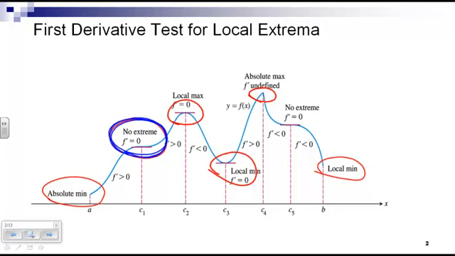All right, so there's a situation where we have a derivative that's equal to 0, but it's neither a local max or min. How is the blue one different than the red ones?